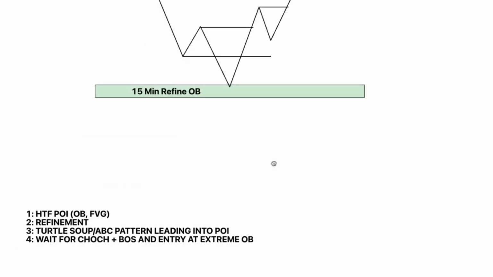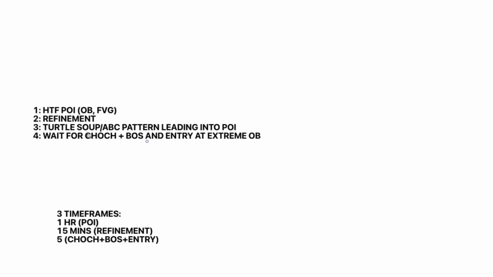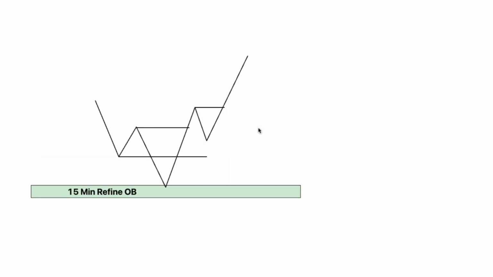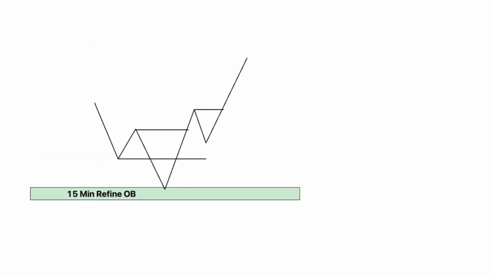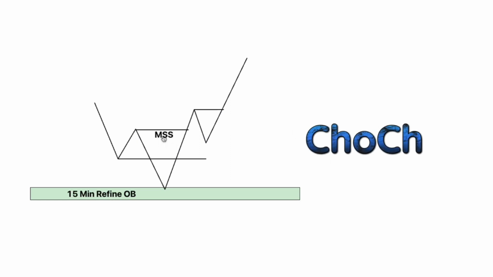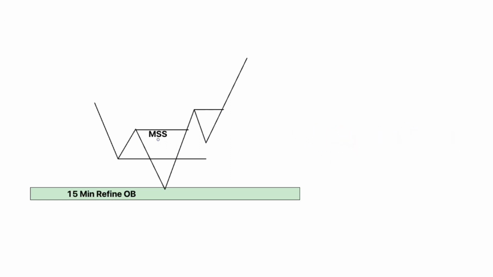Now we have some of the rules met: turtle soup, an ABC pattern leading into a POI, and now a change of character and break of structure. Let me mark these out first, guys. I'm going to call it market structure shift, also known as change of character, whatever you want to call it. And we have the break of structure here.